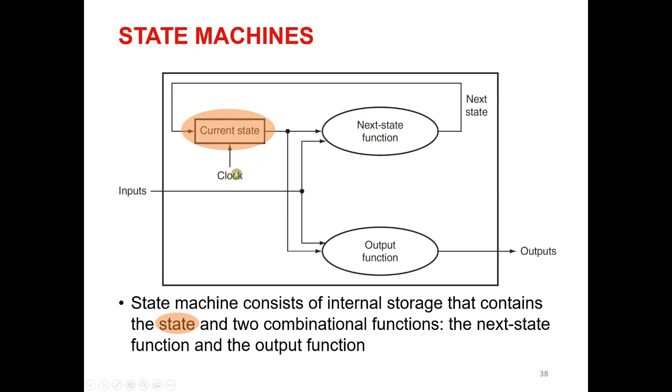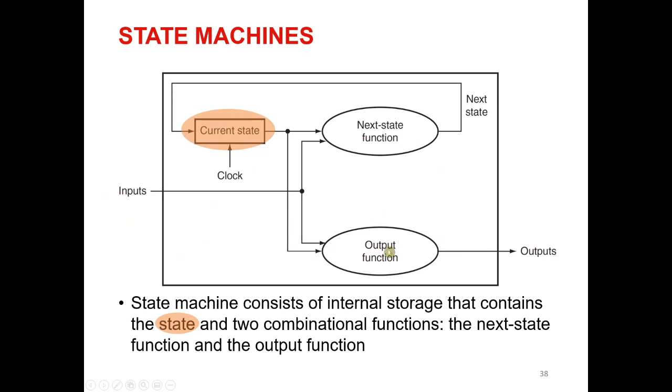We need the clock signal in order to update this state whenever necessary. The input goes to both the next state function and the output function. With the output function, we use the input and also the current state, and using the input and the current state, we get an output.